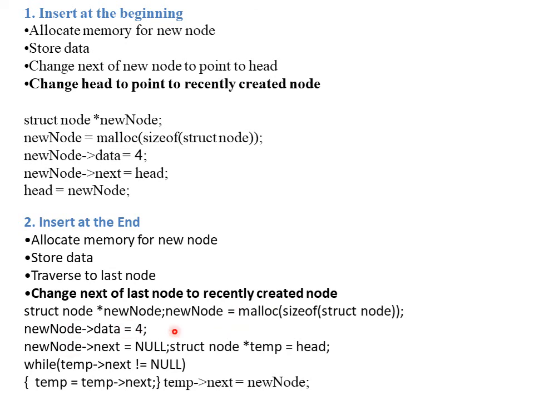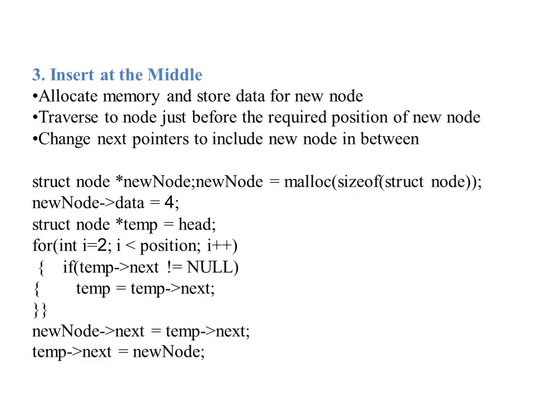I assigned the new node here. You can see the same thing, 4, here. Next is null. I am taking temp as head, and I am incrementing temp's next to equal the new node. Here you can see it created.